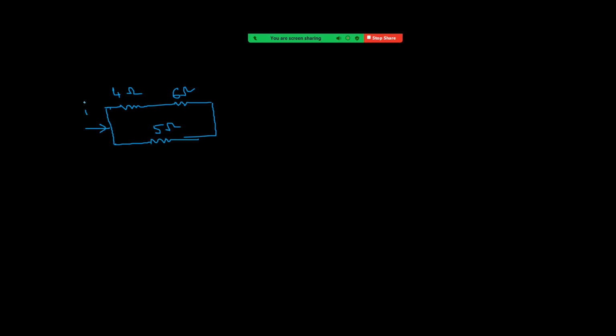Current enters here. Right. Now through the 5 ohm resistor, heat produced is at what rate? That is given as 10 calorie per second, means power, right? I square R. So we have to calculate now the rate at which heat is produced across the 4 ohm resistor, right? So we know that this heat produced means we can say power equal to I square into R, right? I square into R.